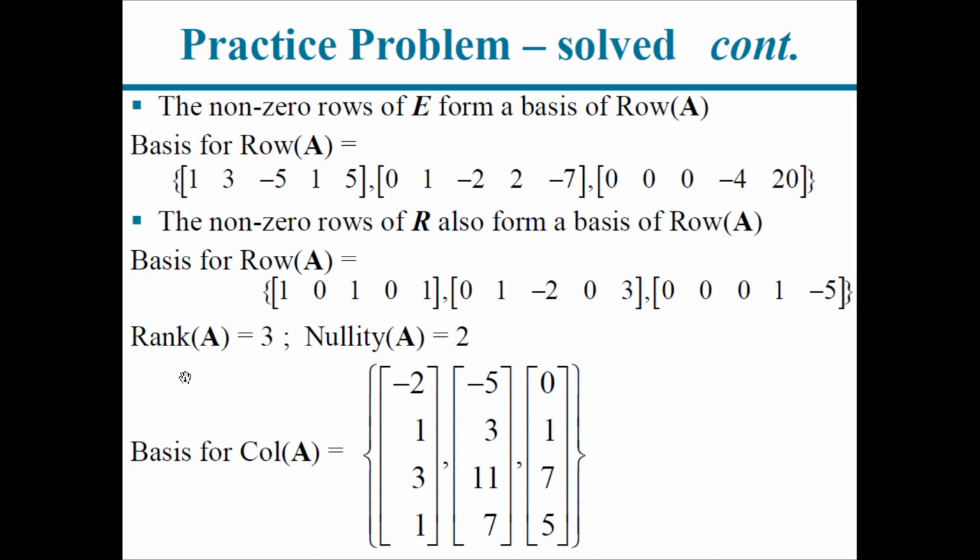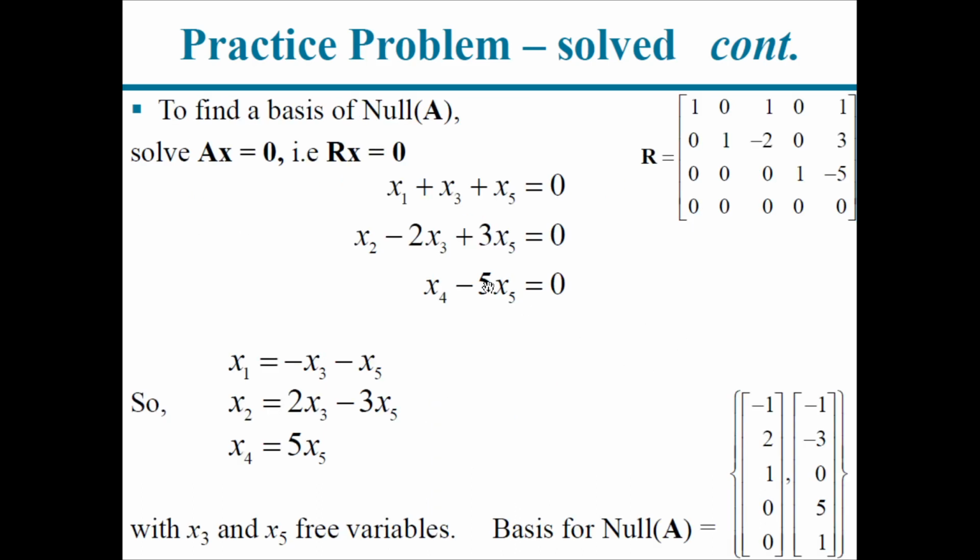From the rank plus nullity theorem, we figure out that nullity is 2 because we have 5 columns and rank is 3, so nullity must be 2. It is easy also to identify the basis for the column space of A. To find the basis for the null space of A, we need to solve Ax equals 0 or Rx equals 0.